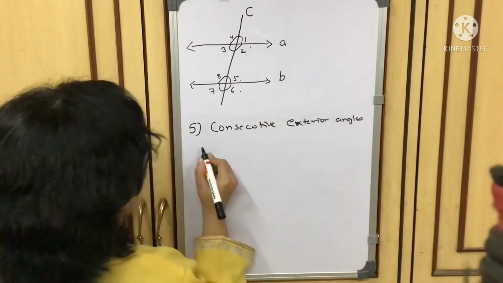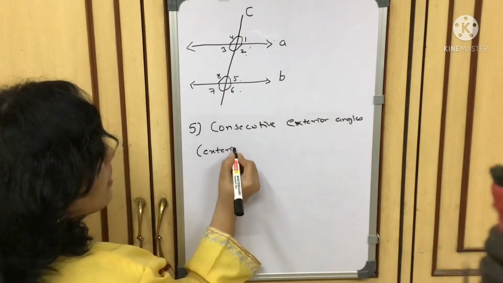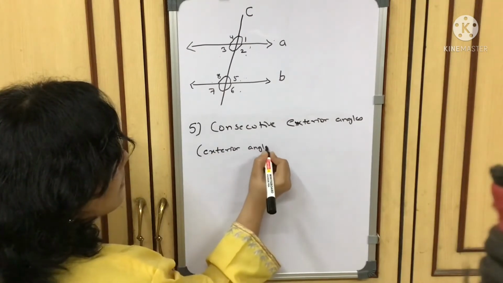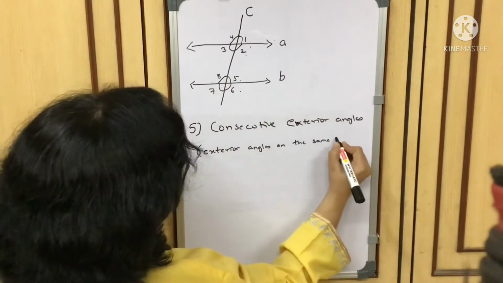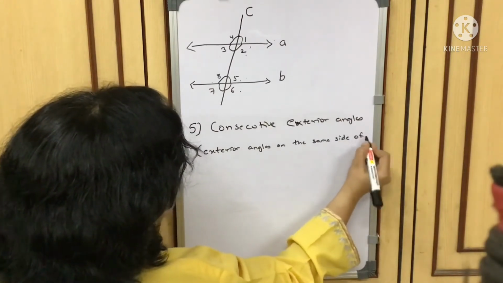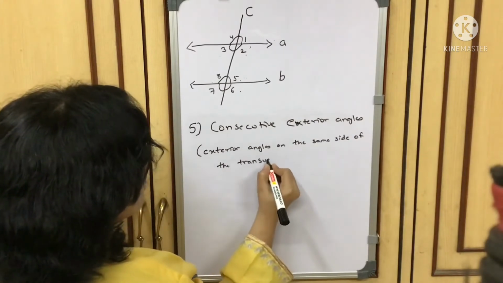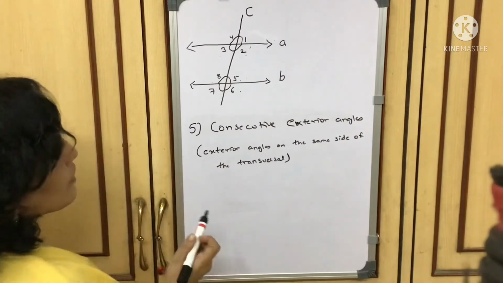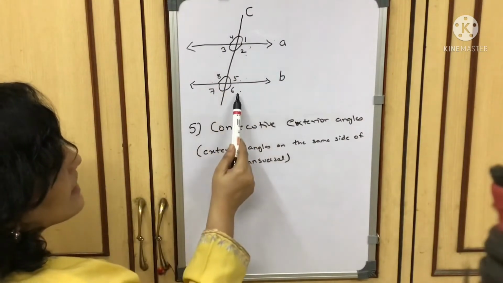Or again we can say that exterior angles on the same side of the transversal. So which are the four exterior angles? The four exterior angles are 4, 1, 6 and 7.